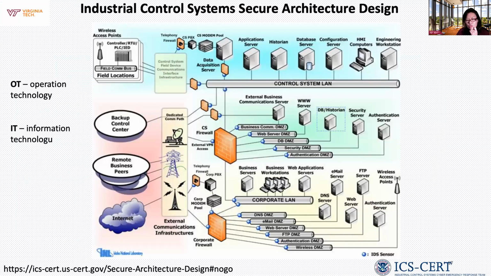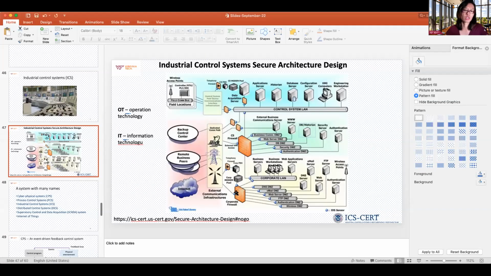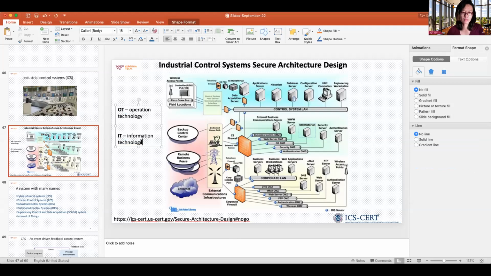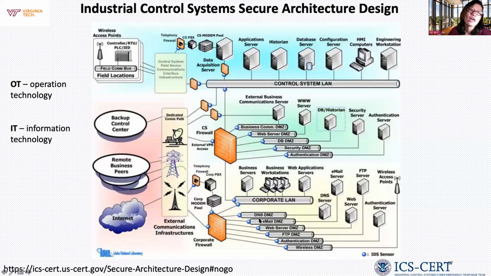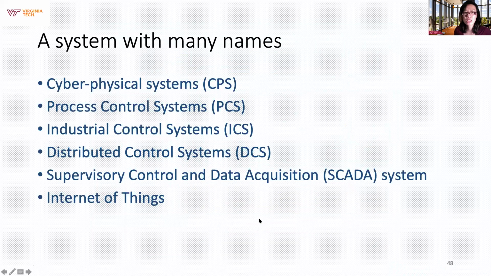Before, people didn't think too much about why we should worry about cybersecurity, but now, if you look at this, it's a lot more complicated than a typical IT company, because besides information technology assets, you also have operation technology assets, OT, right? And all of them can get infected.